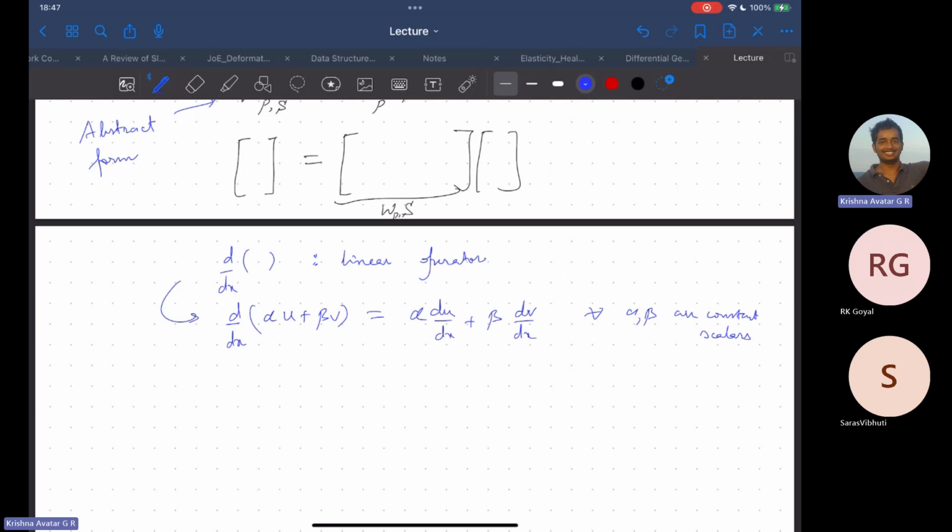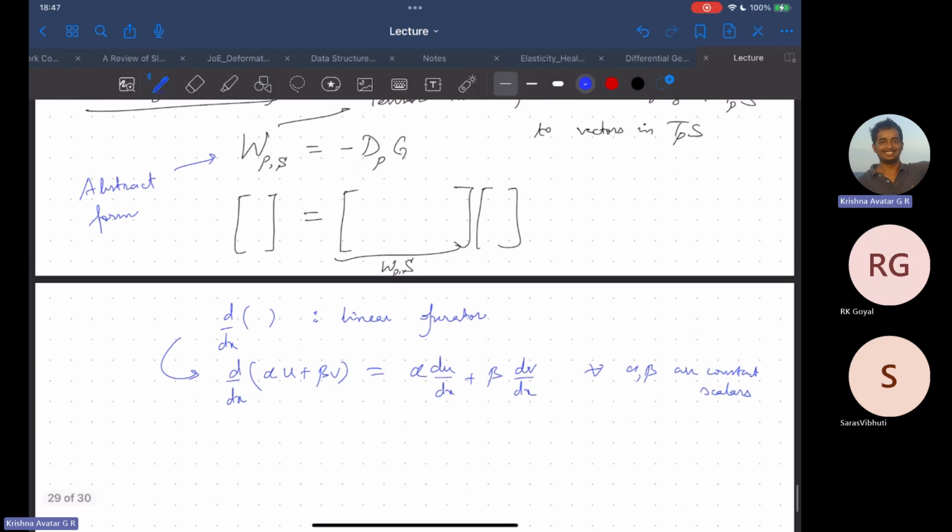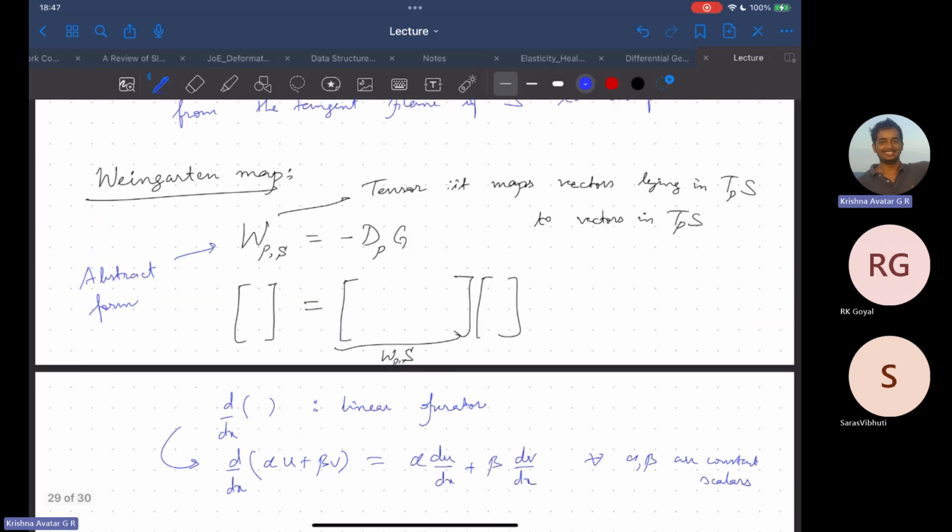This is how we define a linear operator. So even the differential operator is linear, and since the Weingarten map is nothing but the minus of the differential operation, the Weingarten map is also linear. And you know that any linear map can always be represented in terms of a matrix-vector product.